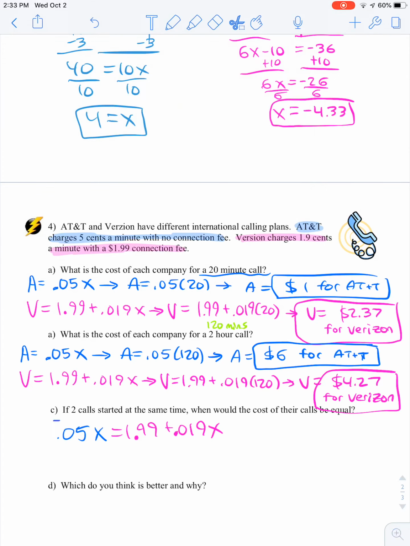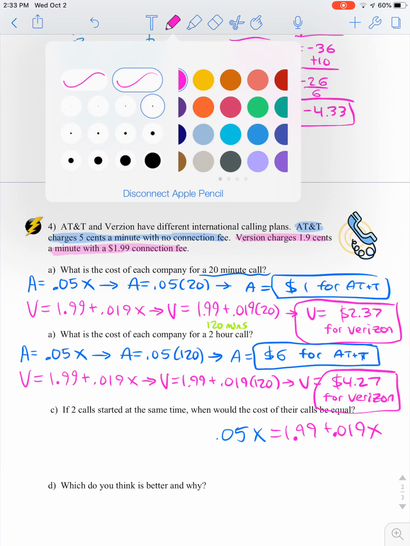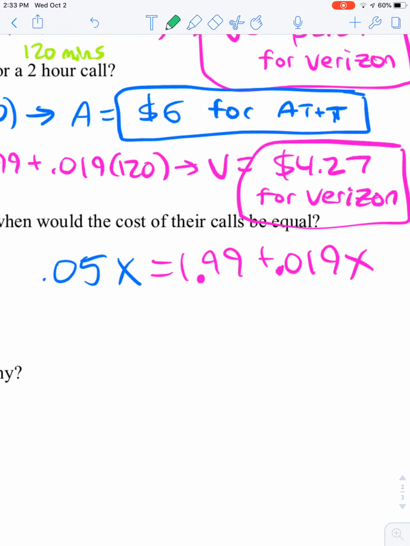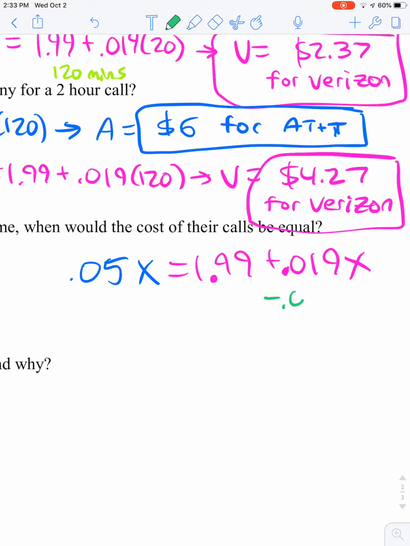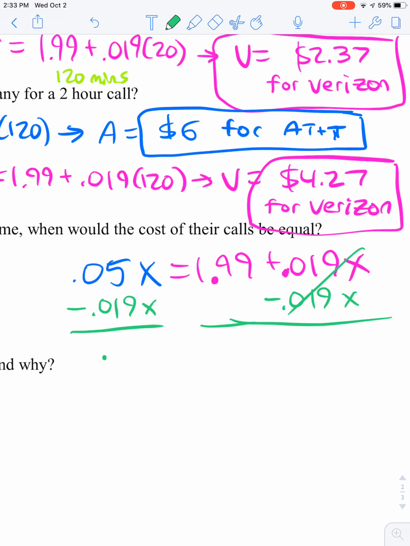I'm going to slide it over to the side so I have a little bit of room to work on this problem, but it's a variable on both sides problem. We're going to move the x to one side. I'll do that by subtracting 0.019x. And we're going to get 0.031x equals $1.99.